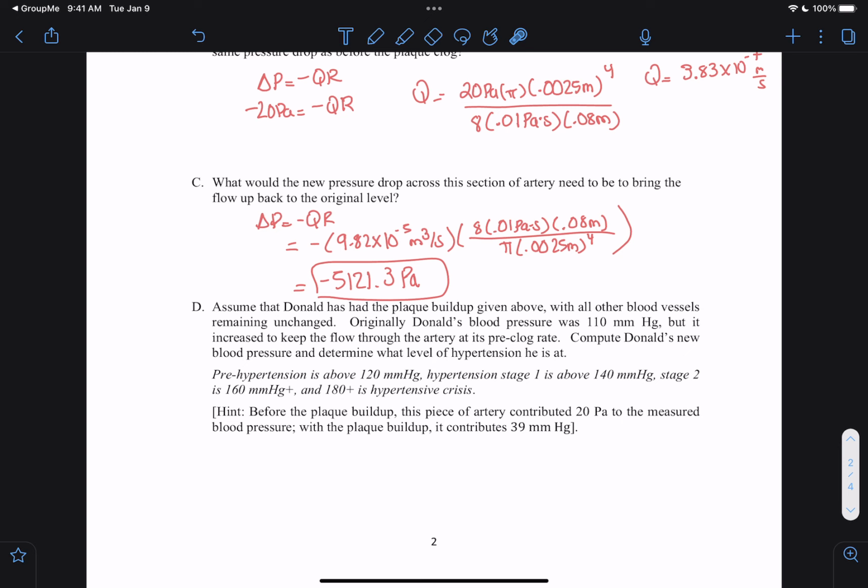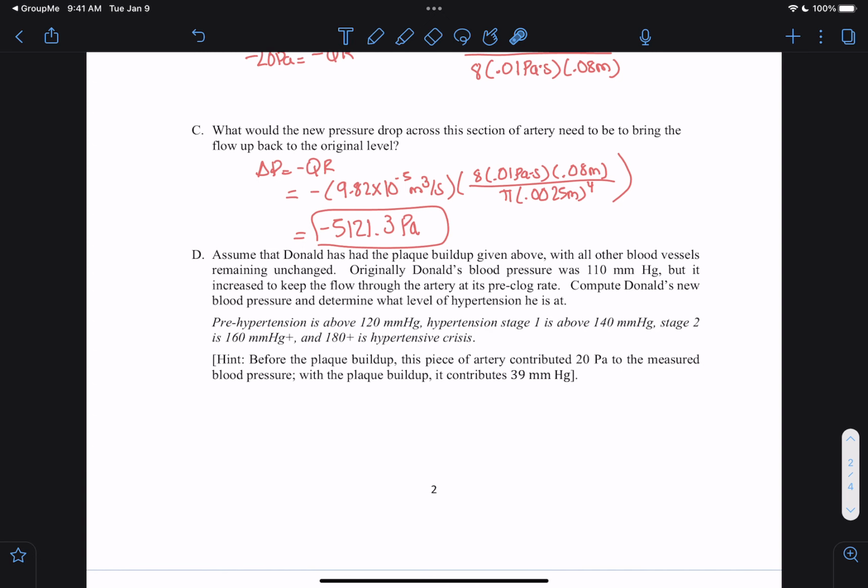So they also gave us a hint here. They're saying before the plaque buildup, this piece of artery contributed 20 pascals to the measured blood pressure. With the plaque buildup, it contributes 39 millimeters of mercury.